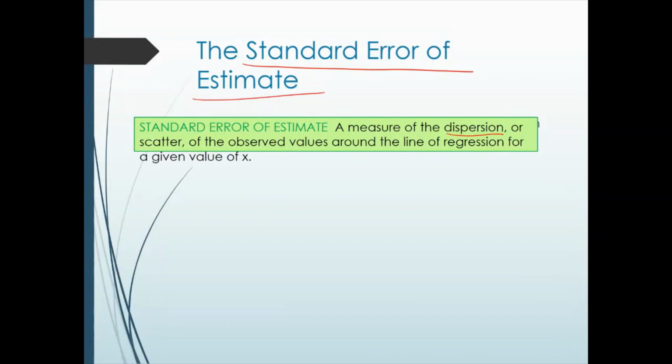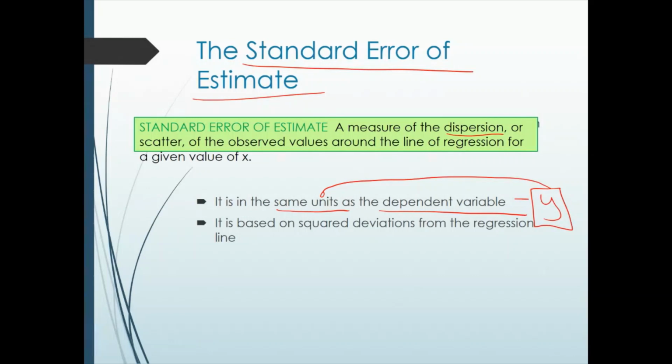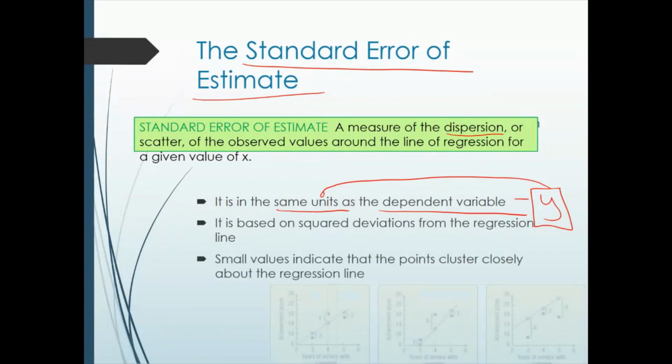The dispersion is the distance, or the scatter, of the values around the line of regression for a given value of x. The standard error of the estimate is in the same units as your dependent variable y. So whatever your units are for y are the same units for the standard error of the estimate, and it is based on the squared deviations from the regression line.